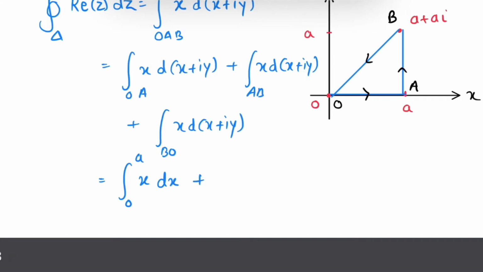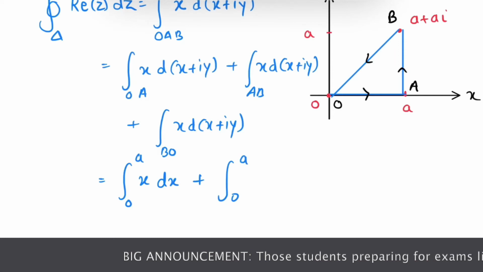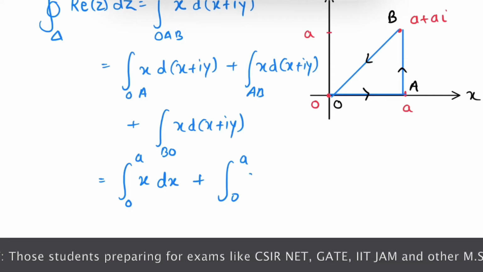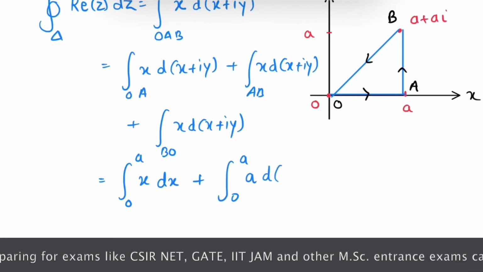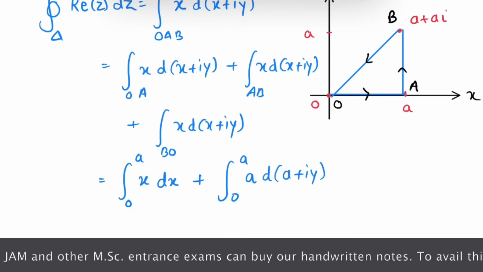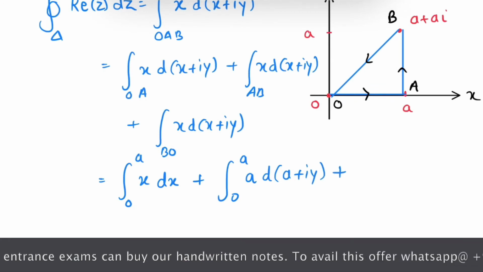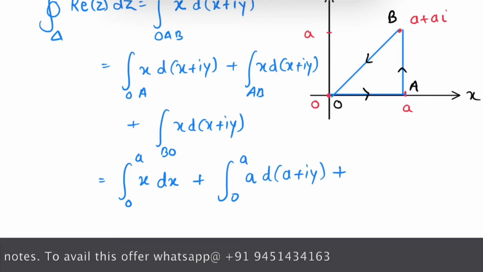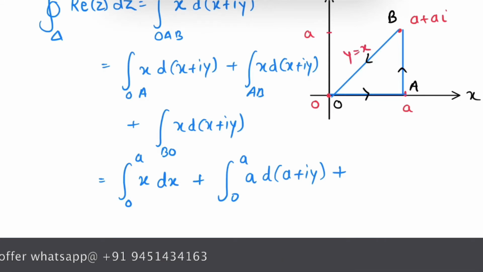Now along AB, y is changing from 0 to a, and x is constant, equal to a, so it is a times d of (a plus iota y). Now the integration along BO. The equation of line BO is y equals x. Simply, you can find it.